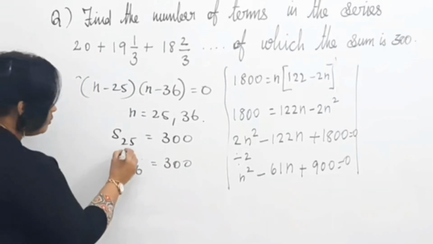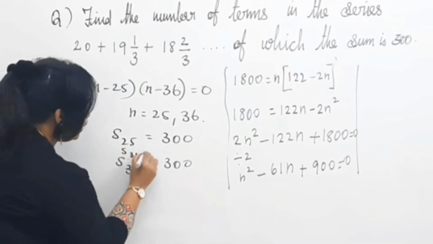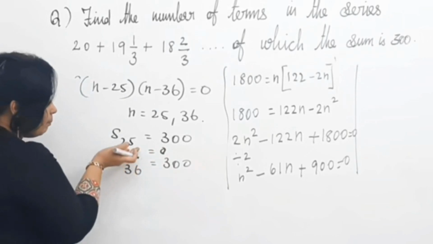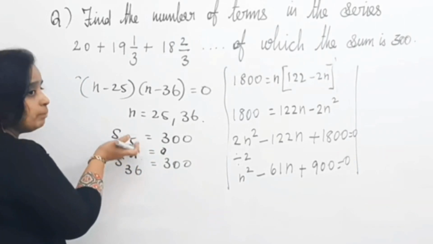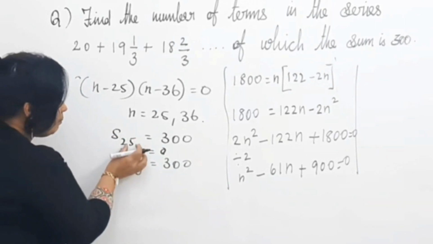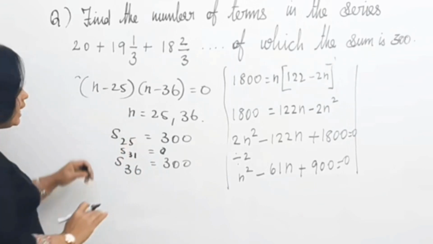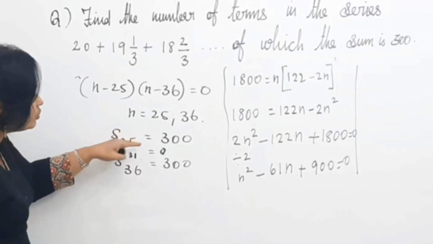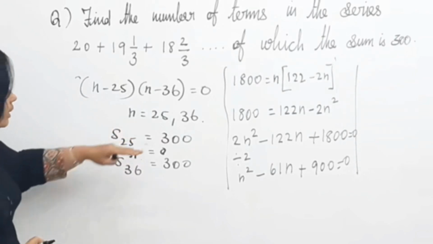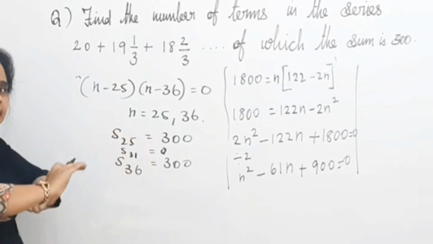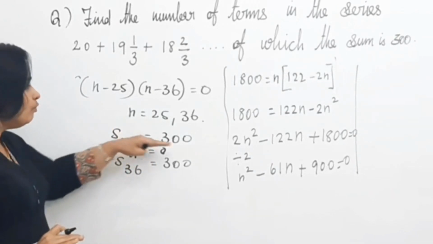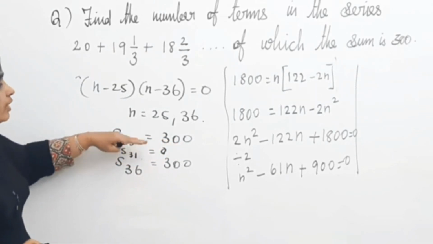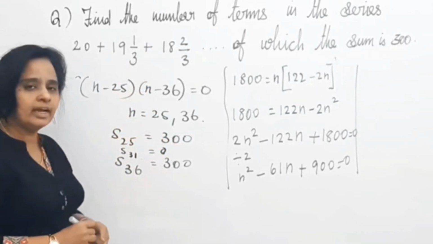That means somewhere here S31 becomes 0. So this all becomes negative numbers and this all becomes positive numbers. So the negative numbers and the positive numbers get cancelled. So you get 300 up to S25. The rest of the numbers cancel each other. So the sum of 25 numbers is equal to 300.